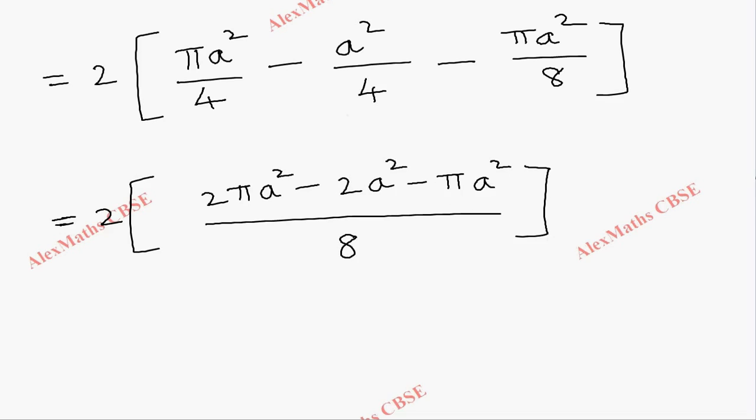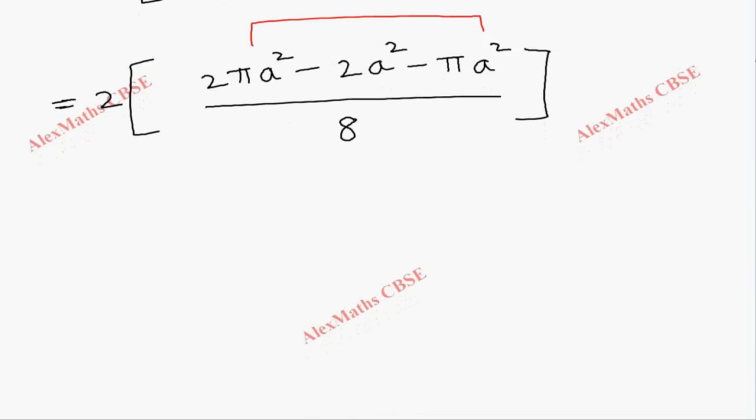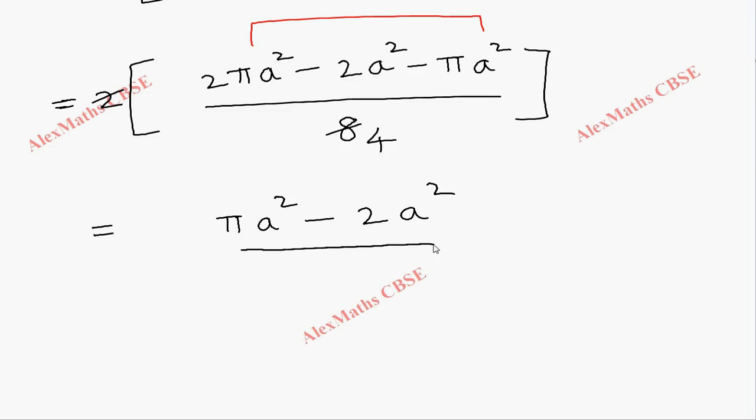We can combine these two terms, that is 2πa² − πa² is πa², and we can cancel this. So (πa² − 2a²) divided by 4. Actually, we can take a²/4 common, so the remaining will be π − 2.